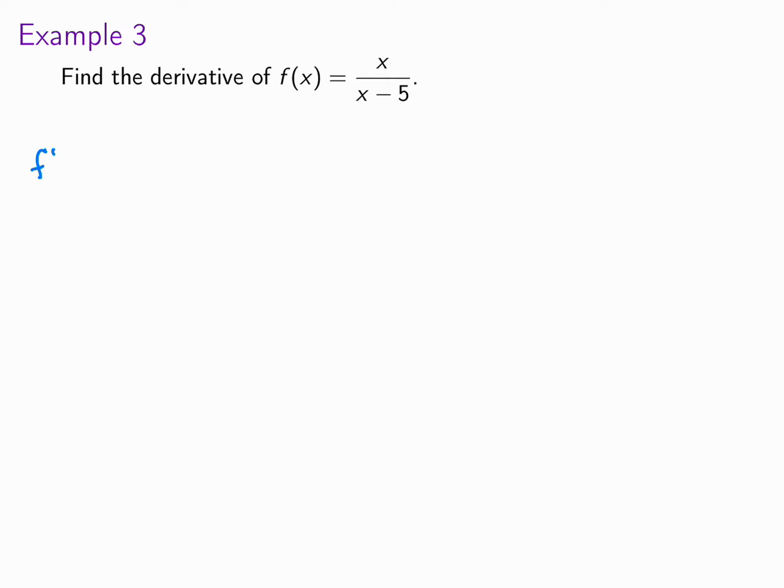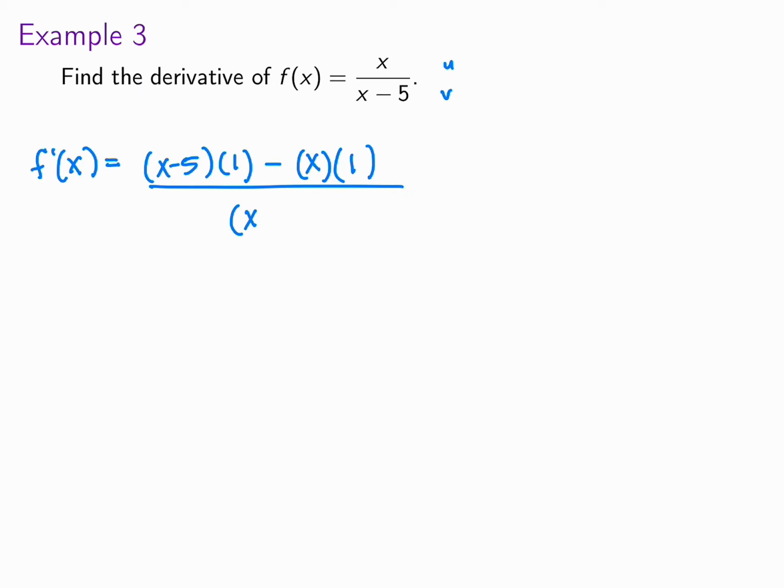So f prime of x, so this is our u and this is our v. So it is v, or the bottom, times the derivative of the top, minus the top times the derivative of the bottom, which would be 1, all over the denominator, x minus 5 squared.